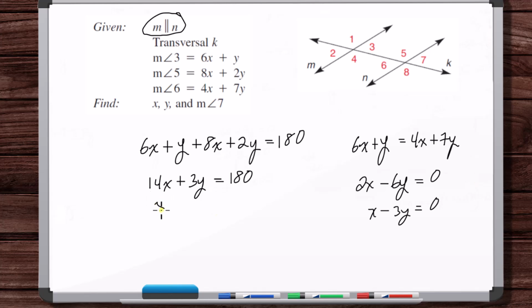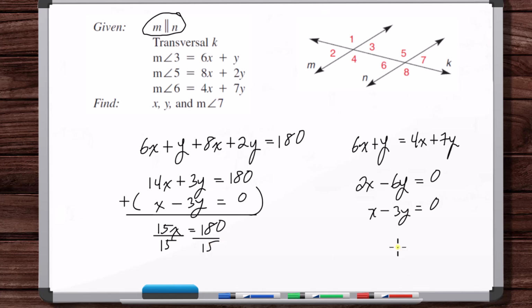Okay, so x minus 3y is equal to 0. Now we can go ahead and just add these two equations. So 15x is equal to 180. So what is 180 divided by 15? It's 12.